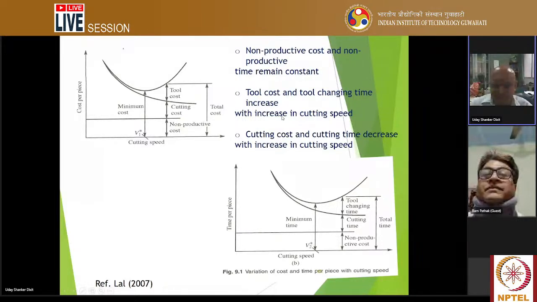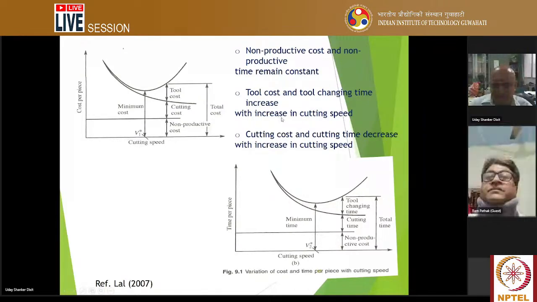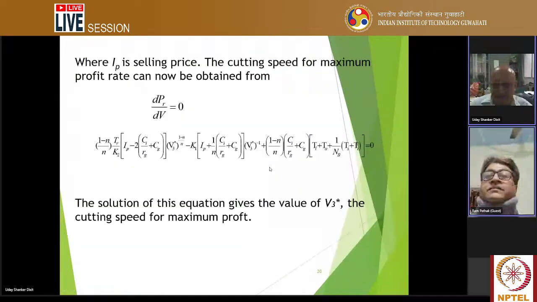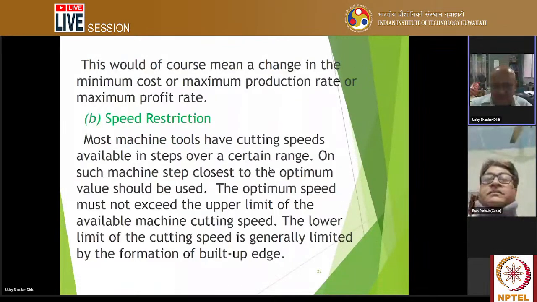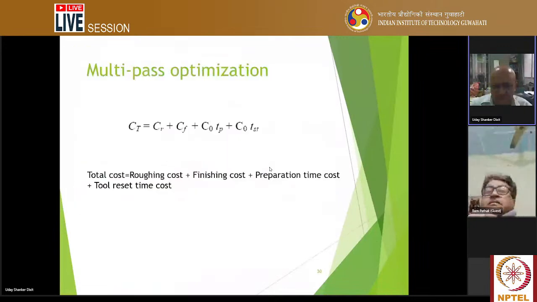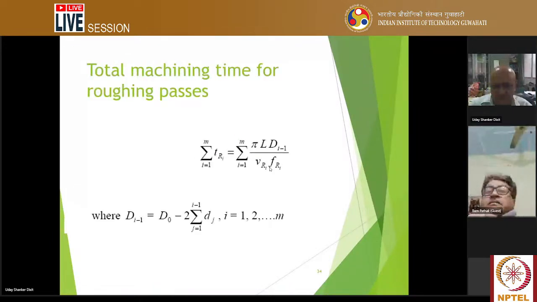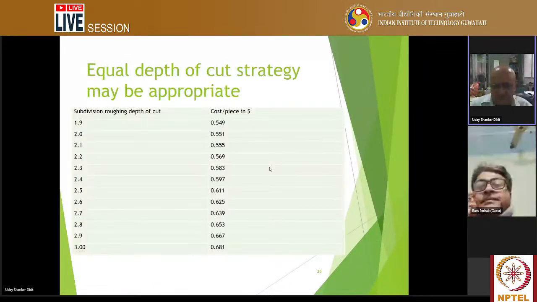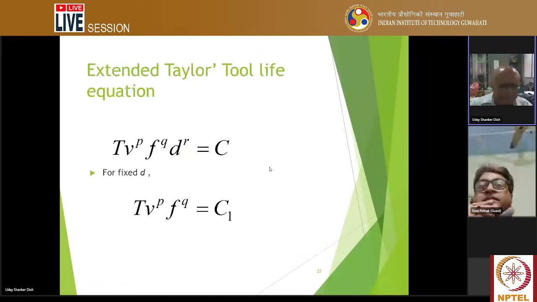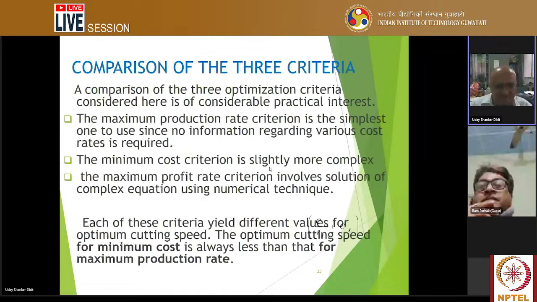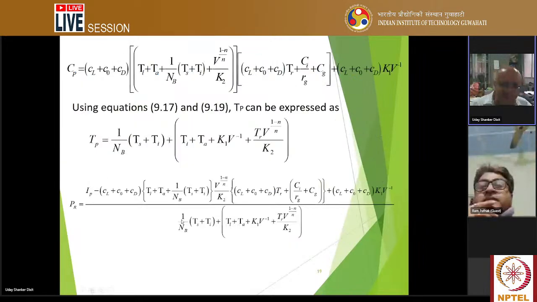That's why this idea. So this is cutting speed for maximum production rate, with restrictions on the cutting conditions, a surface finish restriction, a lot of constraints. People have been using this, and this is multi-pass optimization. Now I have made an interesting observation: most of the time, even if you do it by heuristics, you can know the answer.